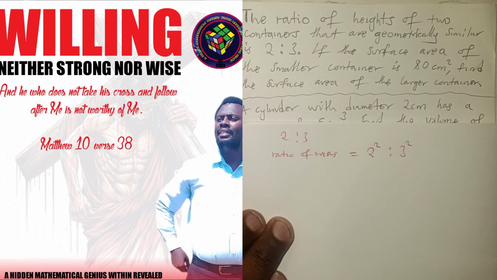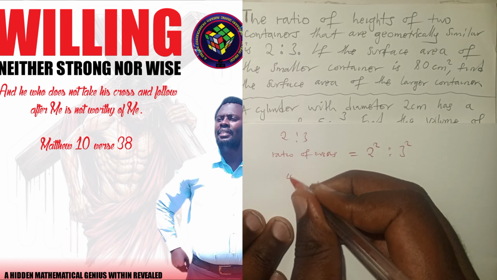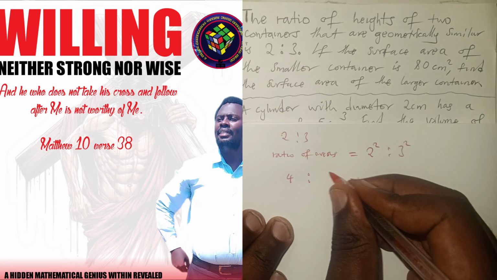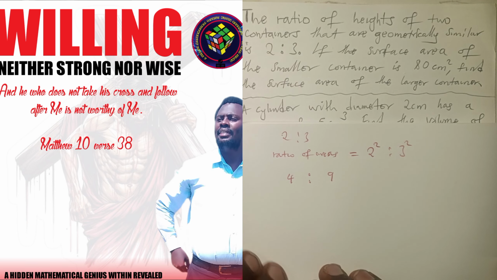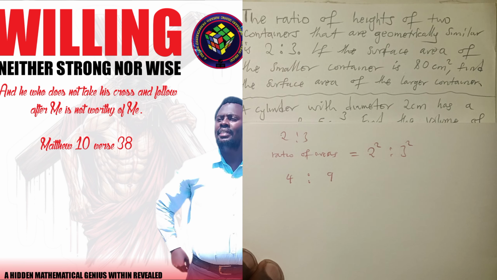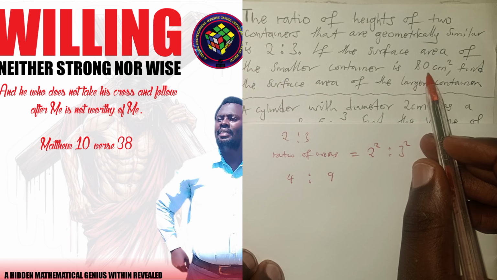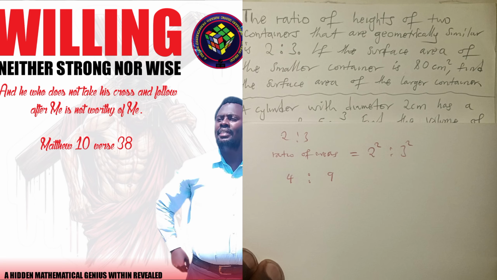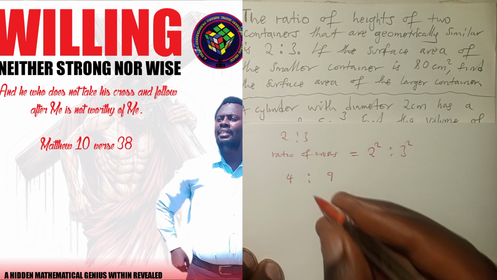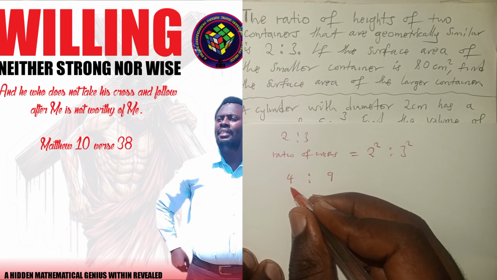So the ratio of areas will be 2 squared is 4 and 3 squared is 9. So the ratio of areas is 4 to 9. The smaller container is 80 square centimeters, so the smaller will correspond to the 4 here.